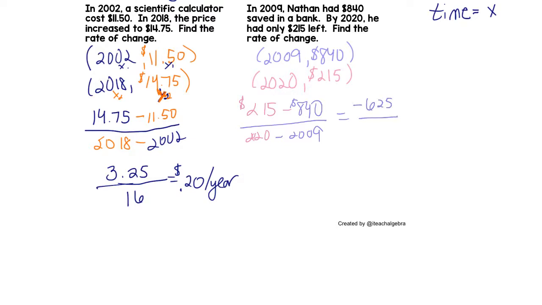And 2020 minus 2009 is 11. So our rate of change is going to be negative 56.82, or losing $56.82 per year. That's exactly how 2020 is going, people.